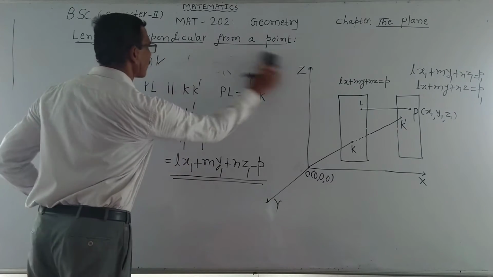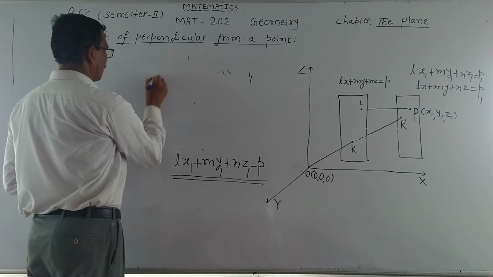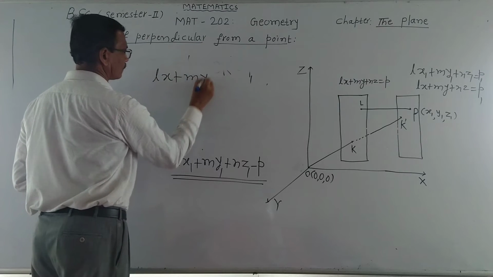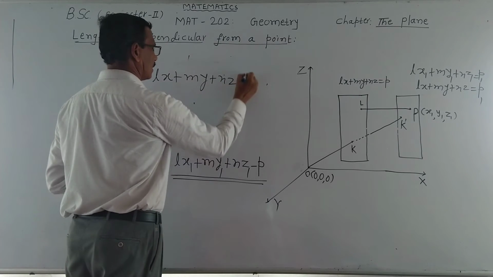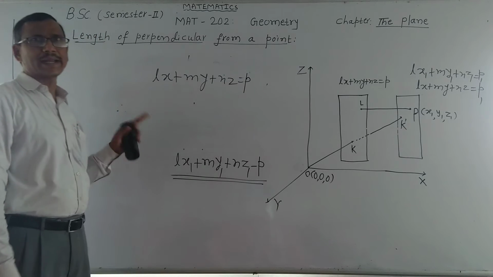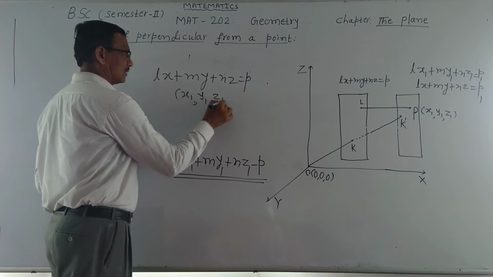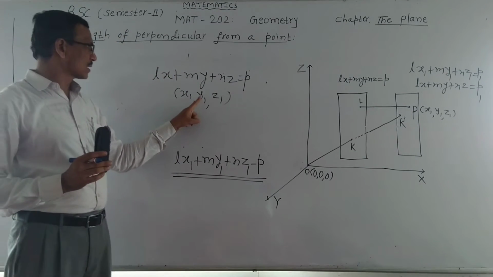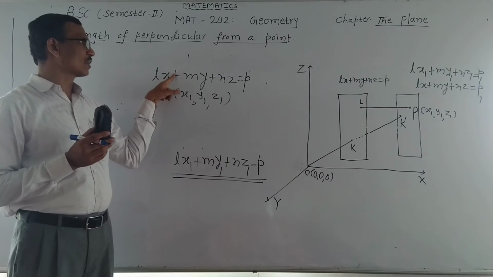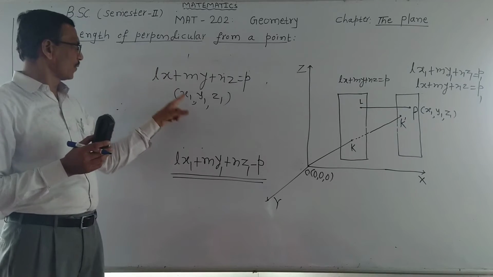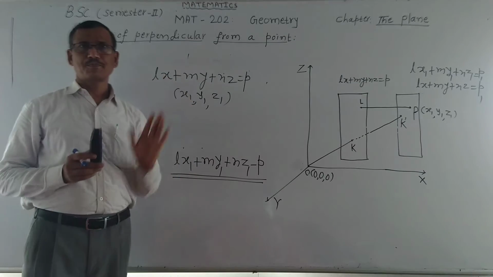That means when we are given the equation of a plane in normal form and a point x1, y1, z1, then the perpendicular distance or perpendicular length of this point x1, y1, z1 from the plane is given by l into x1 plus m into y1 plus n into z1 minus p.